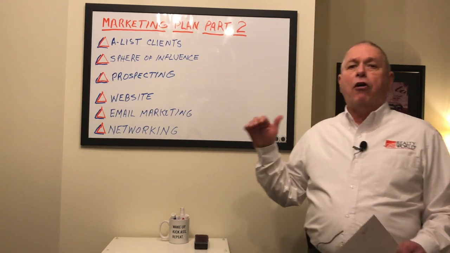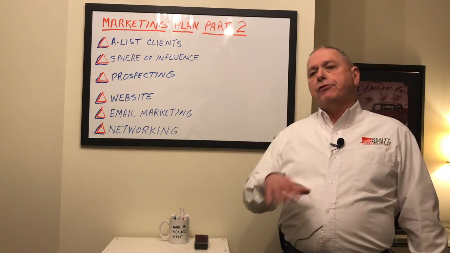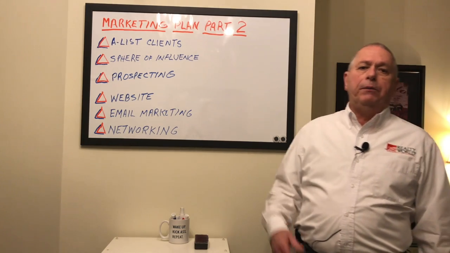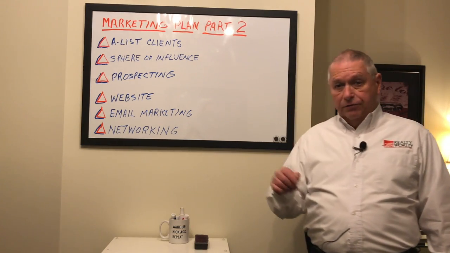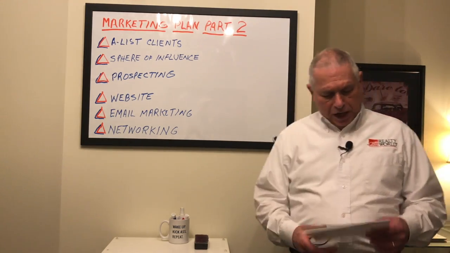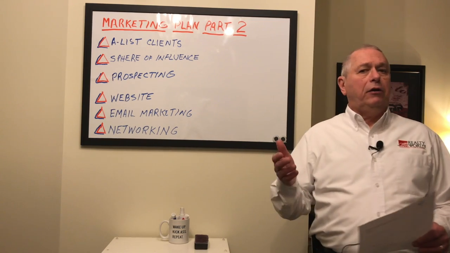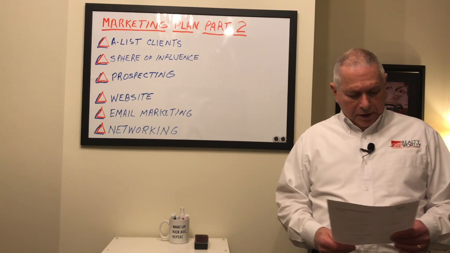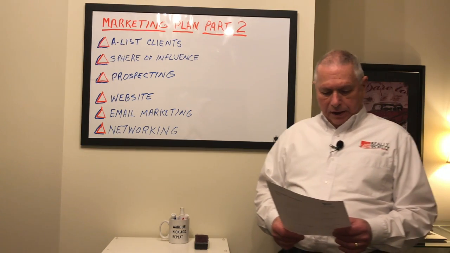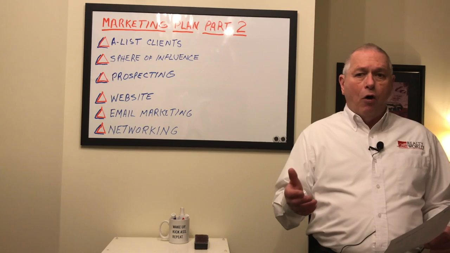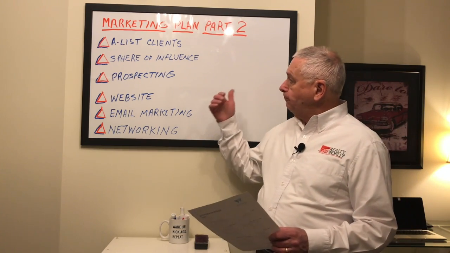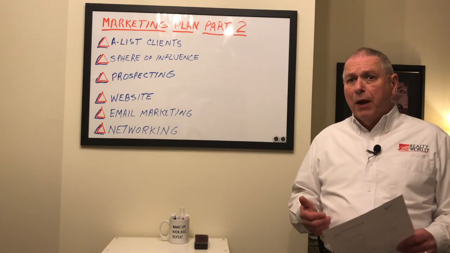You can always call for sale by owners. As you're driving around, you're always going to see signs of homes that people are trying to sell themselves, for sale by owner. You can reach out to those people. Expired listings comes under prospecting, where you can try to list an expired listing. First-time home buyers, you can reach out to first-time home buyers through seminars that you might put on.